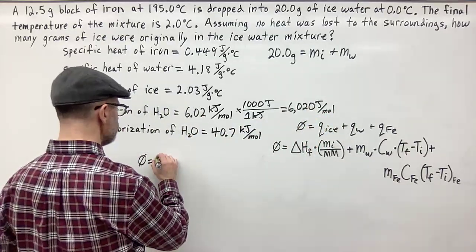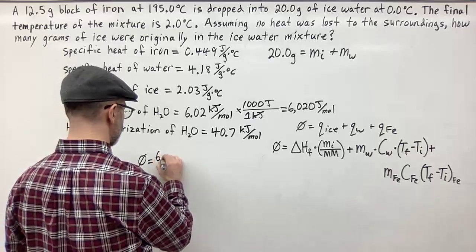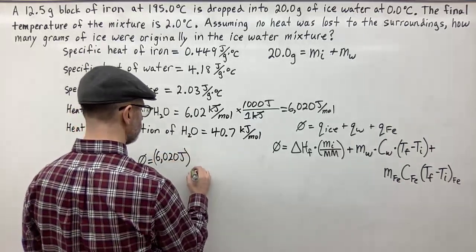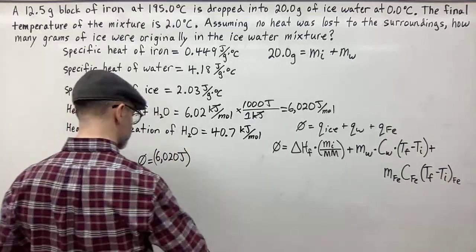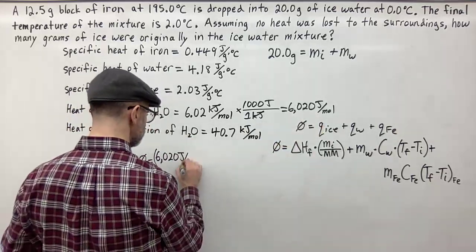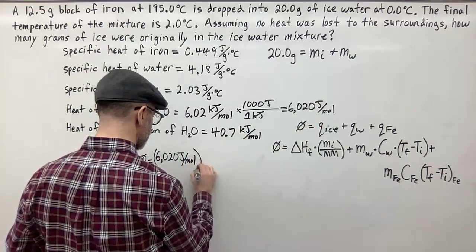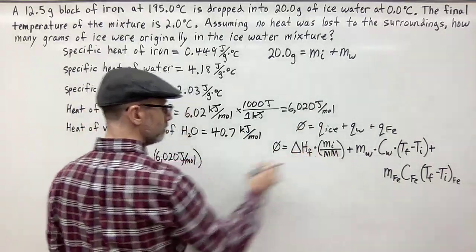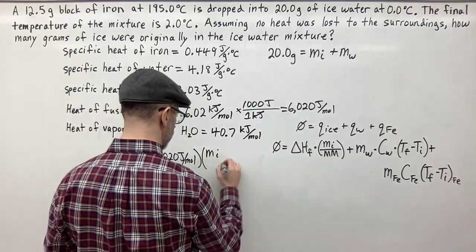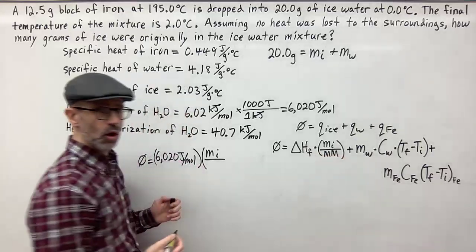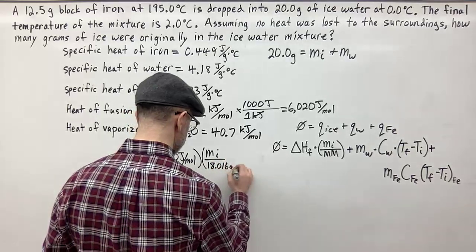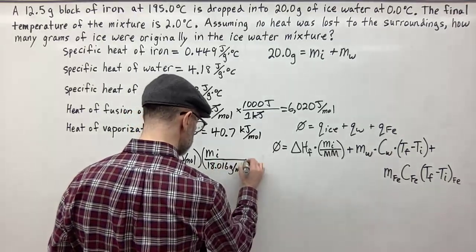So it's going to be 6,020 joules multiplied, and this is joules per mole, multiplied by the mass of the ice, which I don't know, divided by the molar mass of water, which is 18.016 grams per mole.